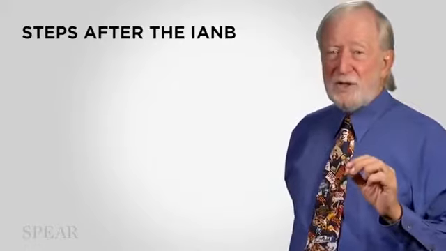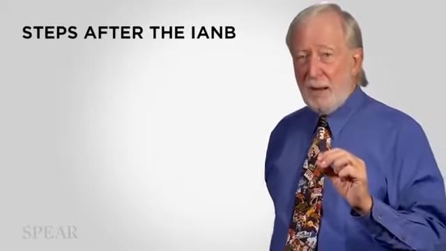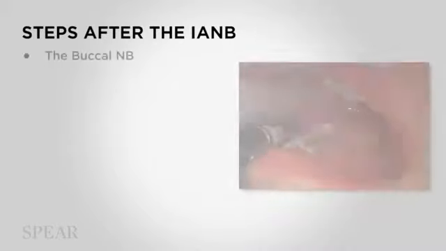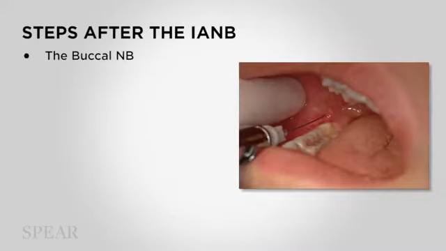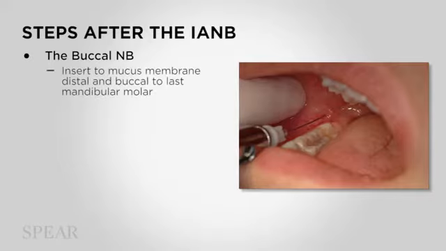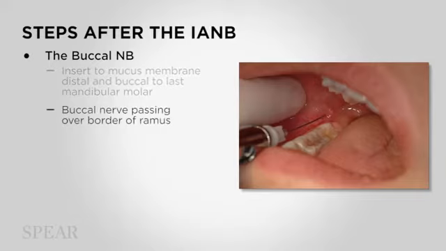So once we finish doing the inferior alveolar nerve block, we pull the syringe out, using the same syringe, same needle. We have a little bit of anesthetic left in the cartridge, and we insert the needle into the buccal fold, just distal and buccal to the last tooth in that quadrant, usually the second or third molar, and we deposit the remaining content of the cartridge.